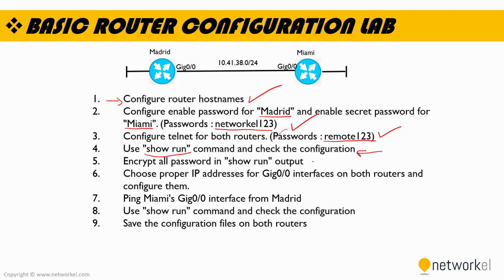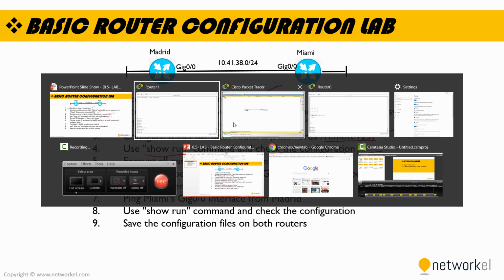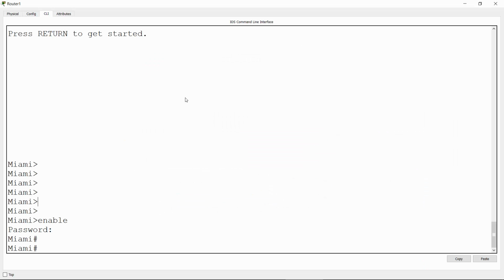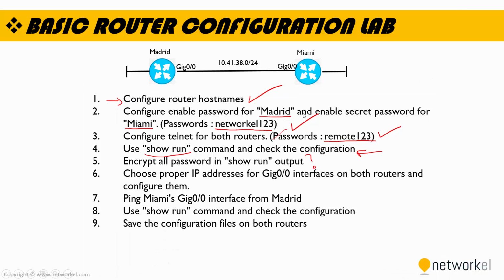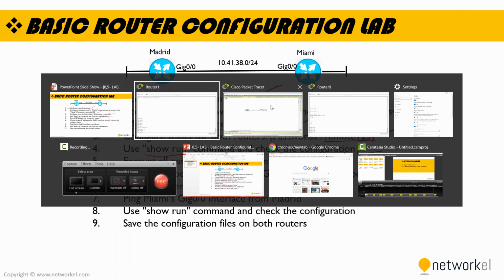And our fifth step is saying encrypt all passwords in show run output. How can we do it? To accomplish this, I need to go to the Madrid, which my password is not encrypted.